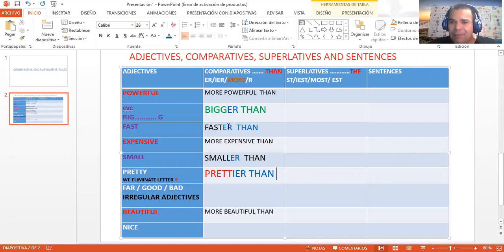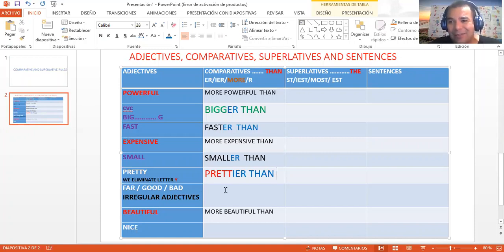All right, faster, more expensive, smaller, prettier. So prettier, or IER, significa más bonito, más bonita que. Remember, every time that you put something at the end of this adjective, the meaning is that in Spanish. So let's continue. That is the 4th rule.